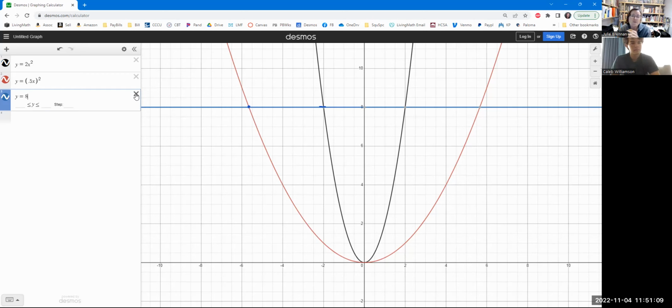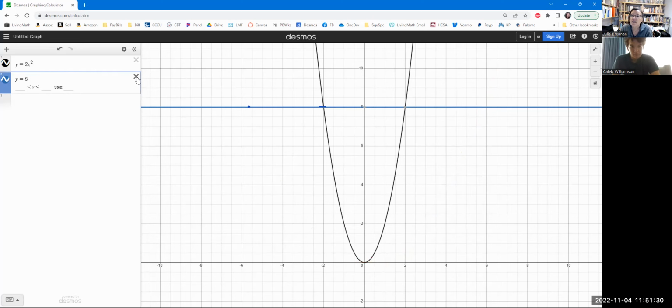I don't worry a lot with parabolas about compression or shrinkage, all that kind of stuff, because it doesn't really apply. But you can see vertical stretching and you can see vertical, what's the opposite? Compression, right?